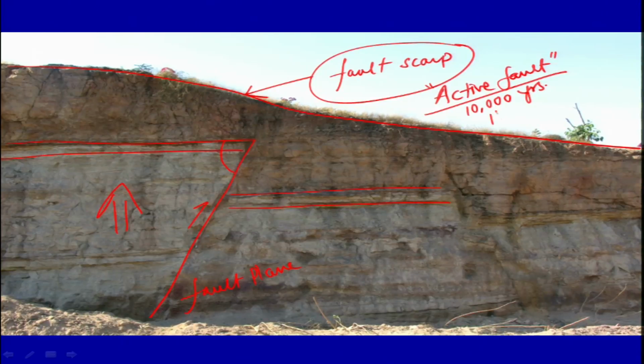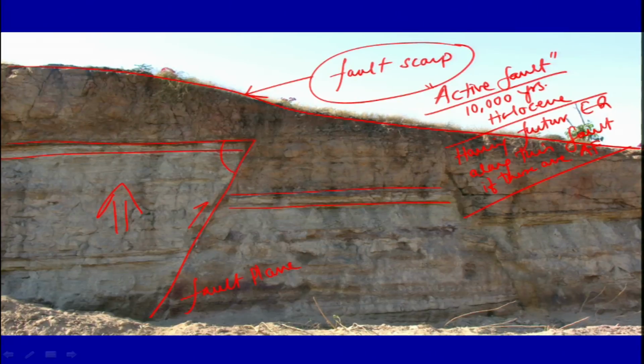This means that within the Holocene, and there is a likelihood of having a future earthquake along this fault if we say that these are the active faults. So this is one very important part.